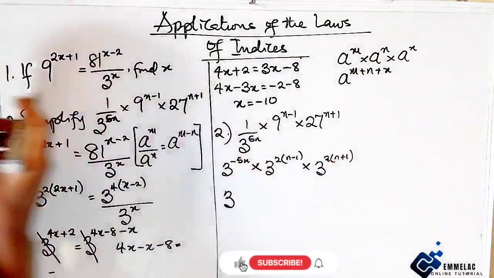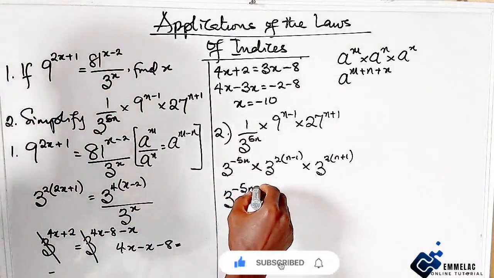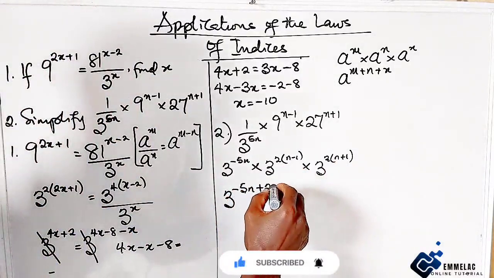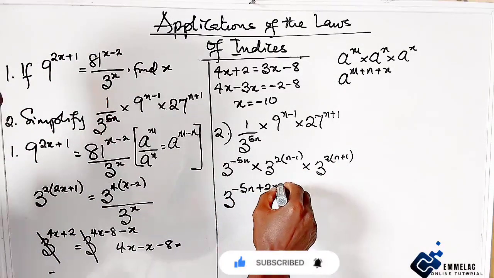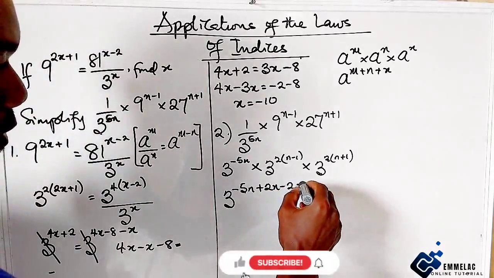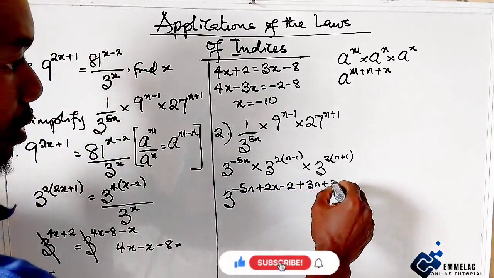So we are applying this law here. We have minus 5n, then plus, opening the bracket, 2n minus 2, also plus 3n plus 3.